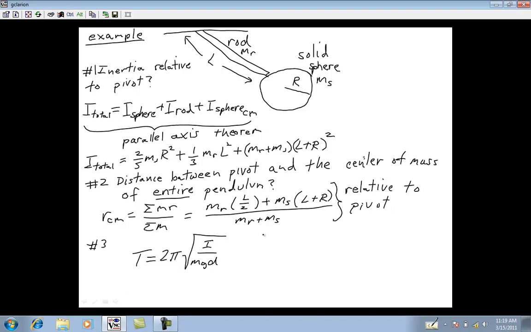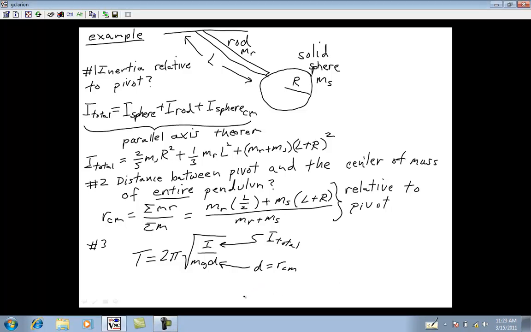What am I going to use for this I? The sum of the inertia, the I total that we calculated earlier. And for this d, I'm going to use R center of mass.